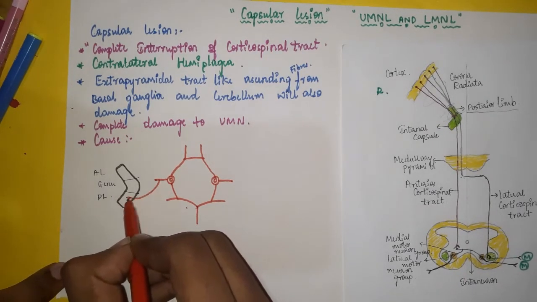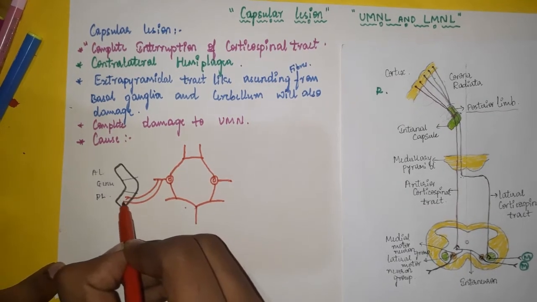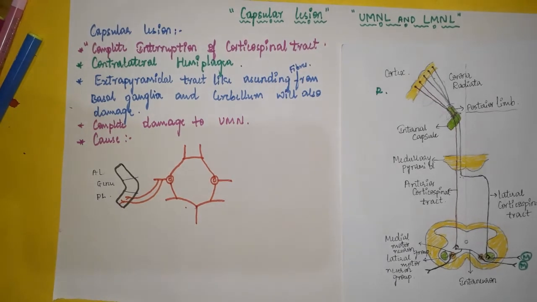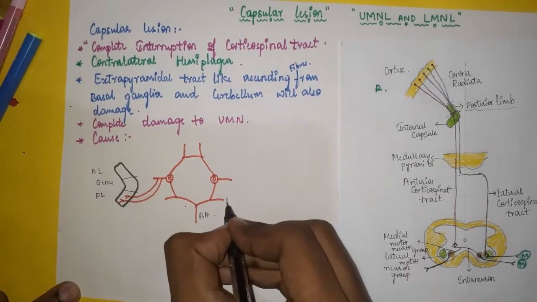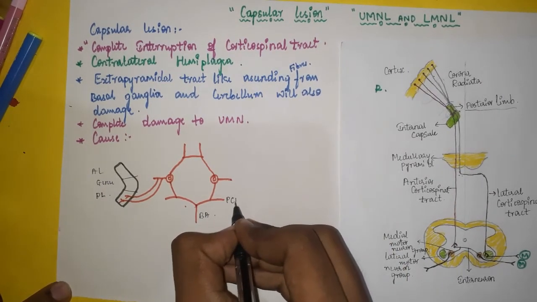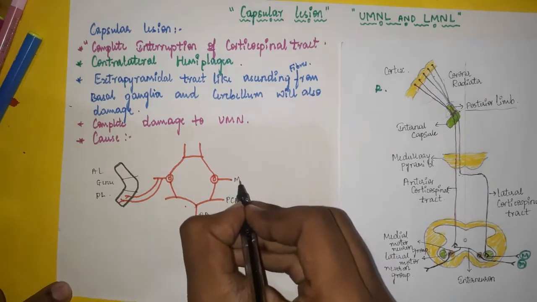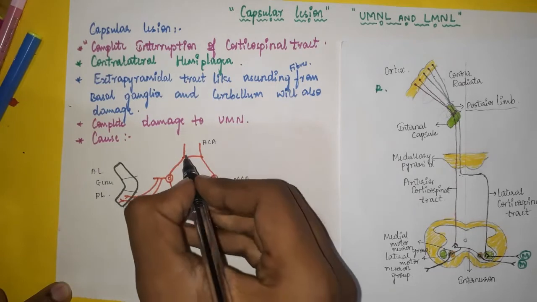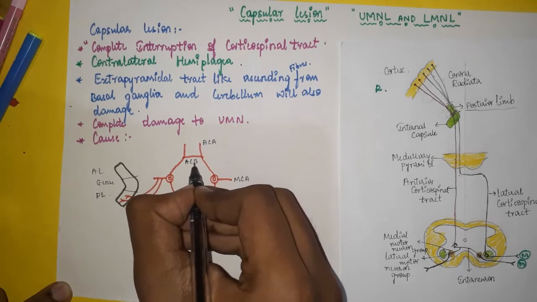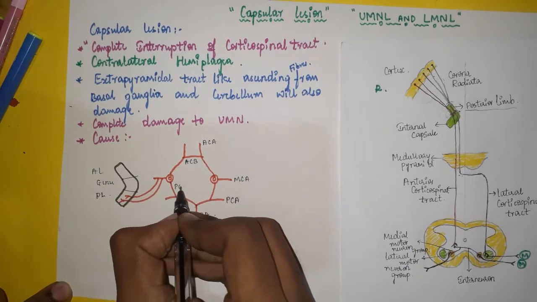See, simple. Okay, now let me label: basilar artery, posterior cerebral artery, middle cerebral artery, anterior cerebral artery, anterior communicating branch, posterior communicating branch.